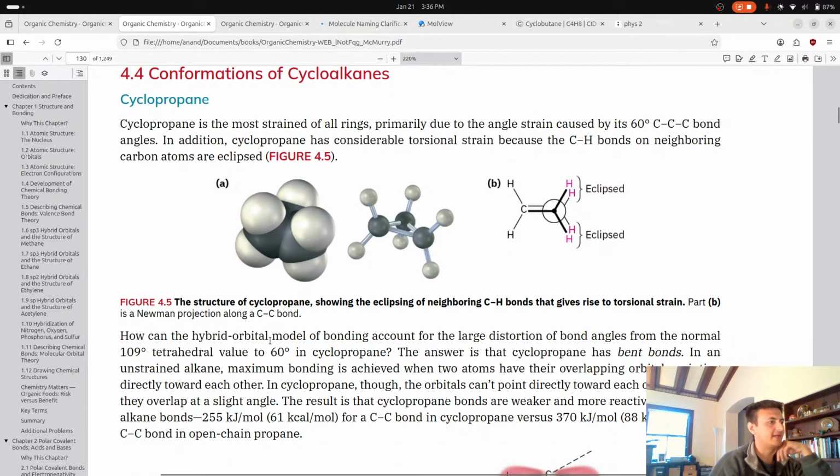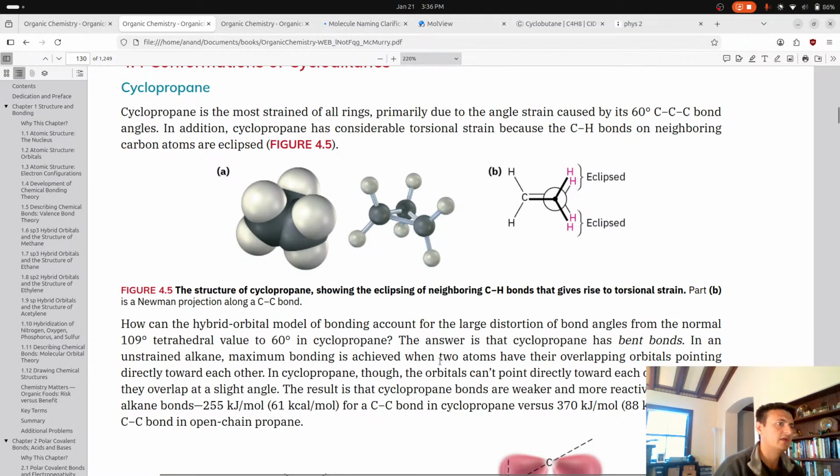How can the hybrid orbital model of bonding account for the large distortion of bond angles from the normal 109 to the 60? The answer is that cyclopropane has bent bonds.